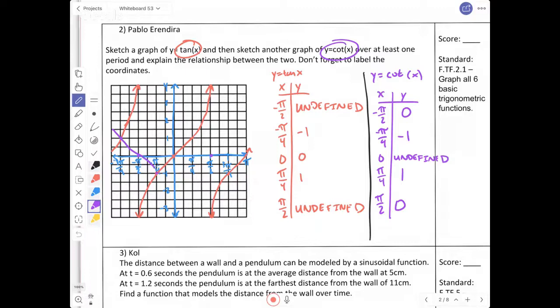So it's looking like that. And then there, my graph, and there, and there, and looking like that. So there's the cotangent of x curve in purple.